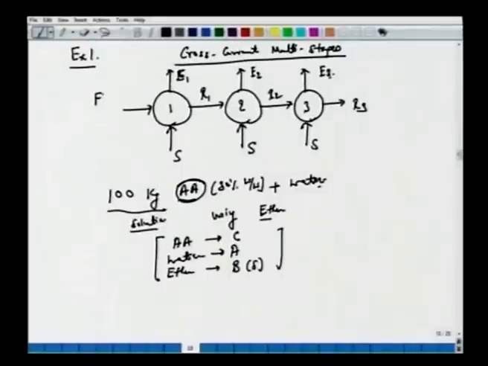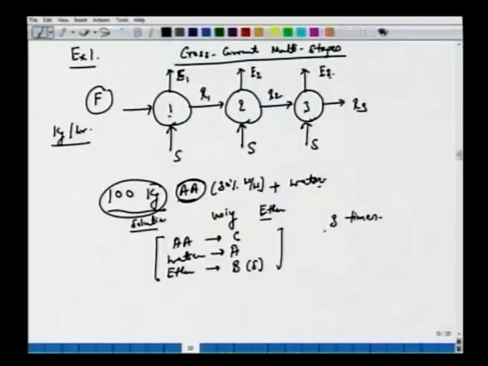Notice the difference here: when we draw the stages like this, it's a continuous process, so this F is kg per hour. We say that the feed is going to be treated in 3 stages. Here the problem says that the amount of feed is given as 100 kg, which is to be treated 3 times.